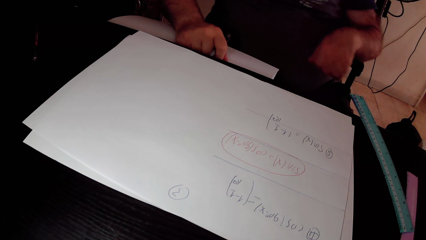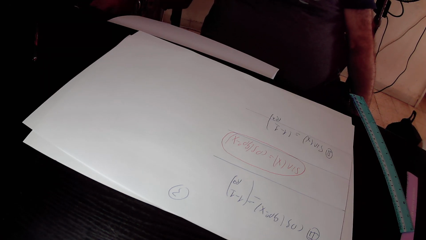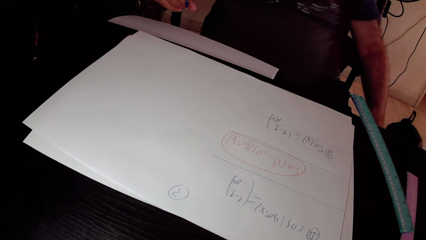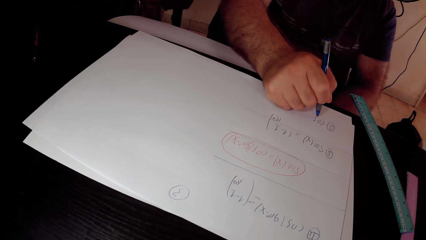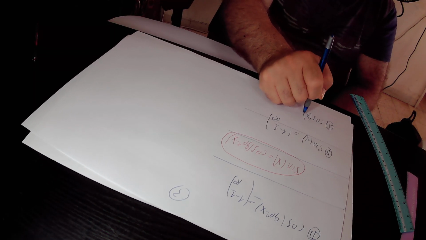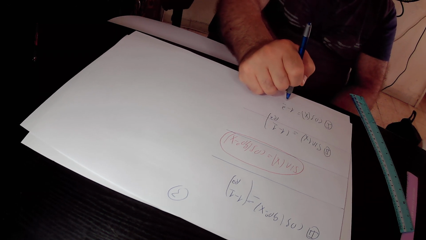While according to equation 1, we have already found out that cosine x equals 1 minus 2 over r squared. Again, according to equation 1, we have already found out that cosine x equals 1 minus 2 over r squared.